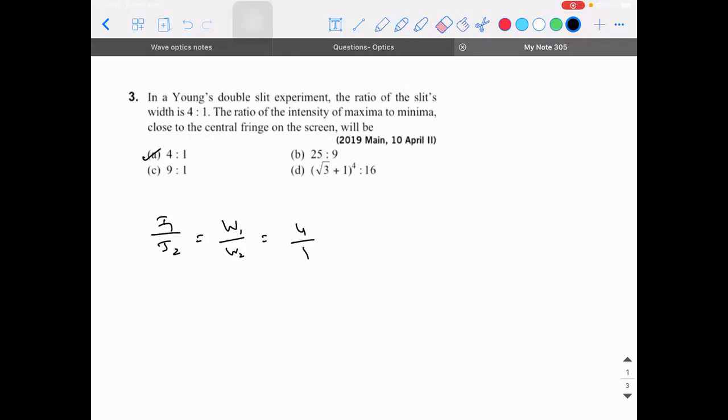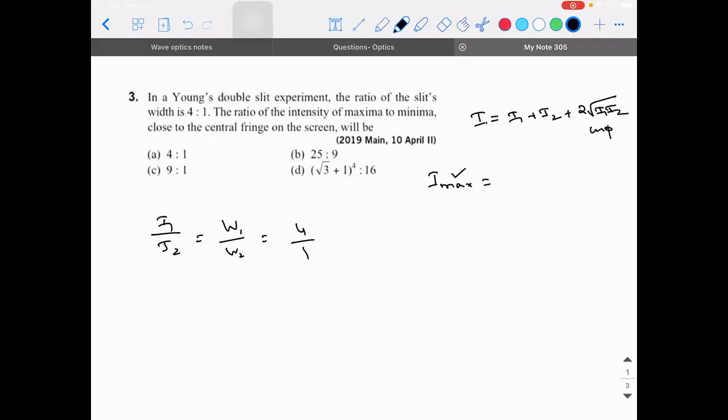Very good. If you write it as 4:1, your answer is wrong, because what is I1 by I2? It is the intensity of the individual sources, right? So if I need I max, what is the maximum value that is possible? The intensity formula is I1 plus I2 plus 2 root of I1 I2 cos phi.